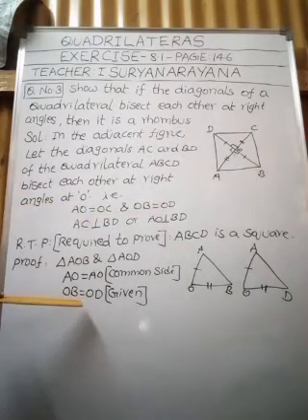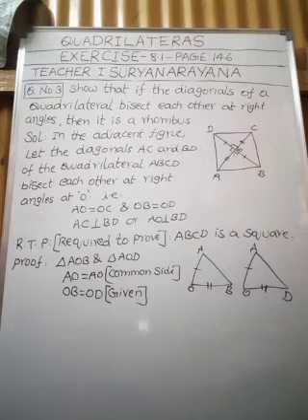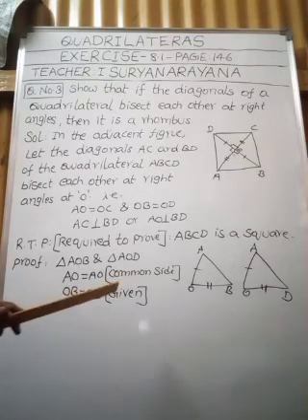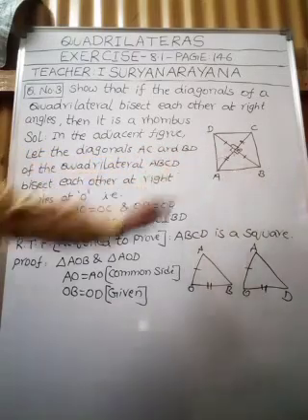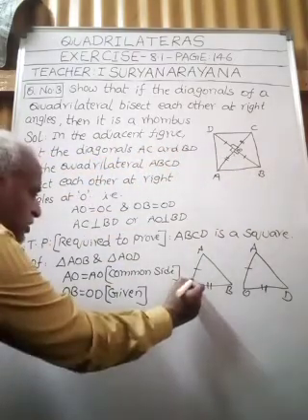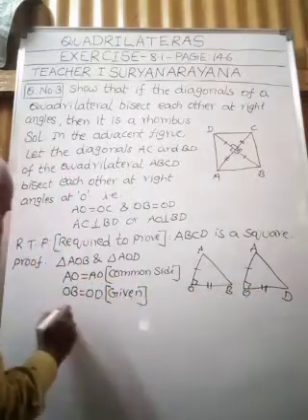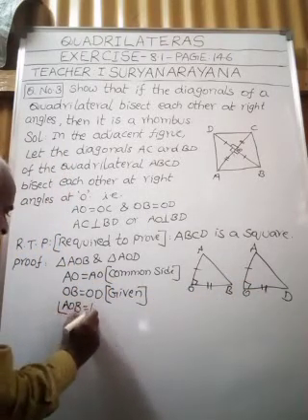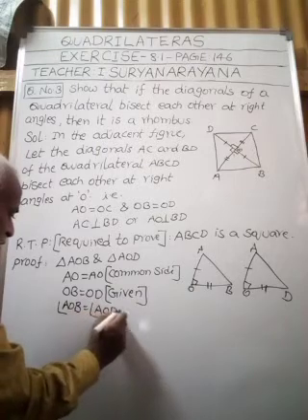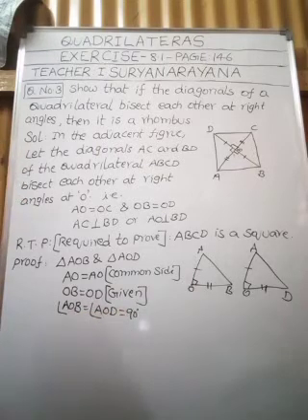We used this result here. Next, angle AOD is equal to angle AOB. Angle AOB is a right angle. Angle AOD is also a right angle. Angle AOB is equal to angle AOD, 90 degrees.